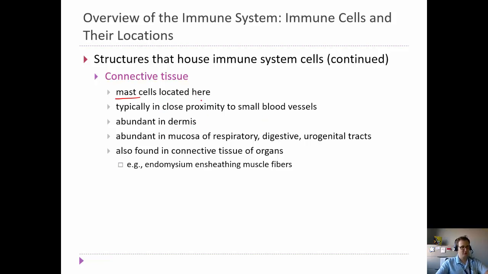They're very abundant in our dermis, the layers underneath our skin, the connective tissue in there, and also in the mucosa of several of our different organ tracts. Also remember the endomysium, the sheaths of the muscle fibers. This is where we will find these lymph system structures as well.